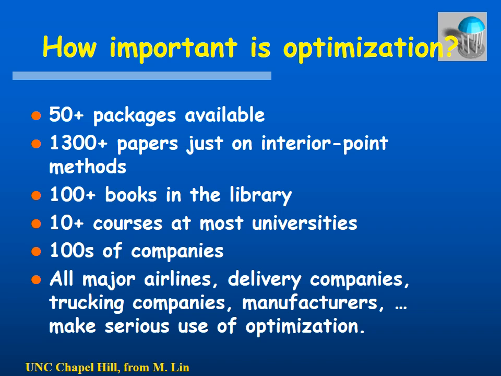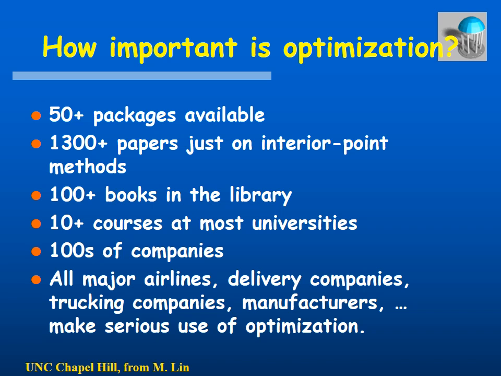Optimization is very heavily used. There are all sorts of algorithmic packages. There are thousands of papers on even a single class of methods. There are hundreds of books. There are lots of courses. They tend to fall in the area that's called operations research.